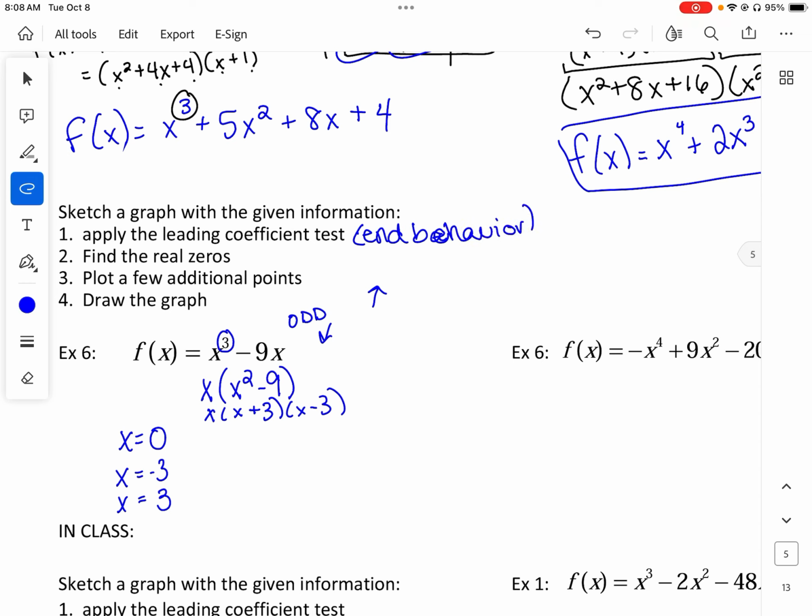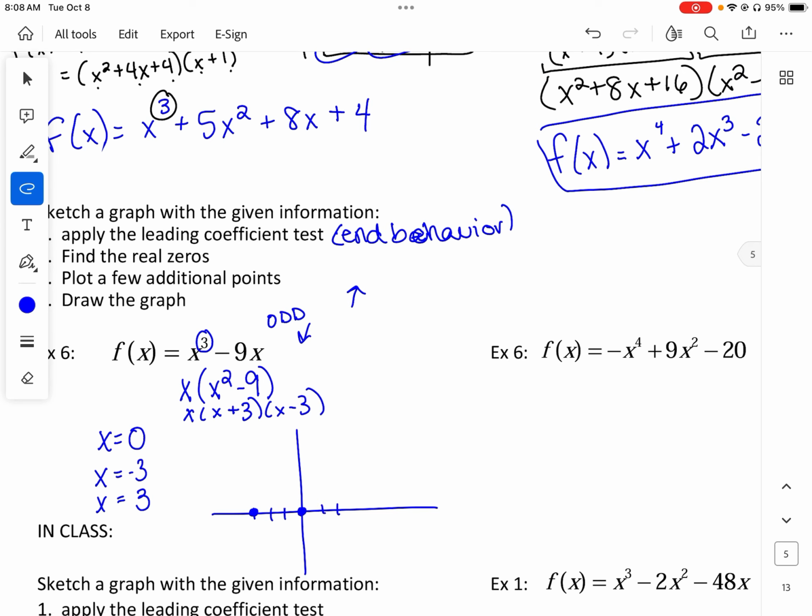Find our real zeros. Okay, so we have a zero at 0, a zero at negative 3, and a zero at positive 3. So we know for sure it's going to be like this, like this.